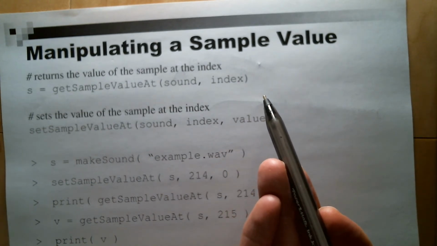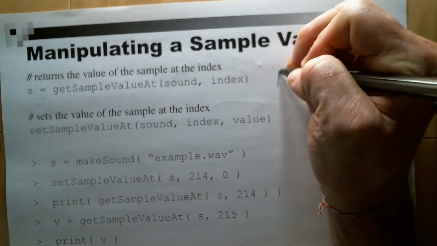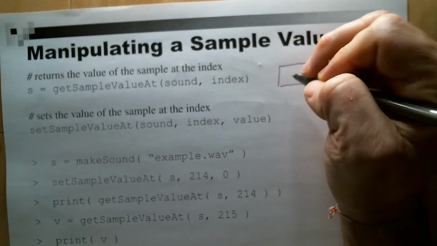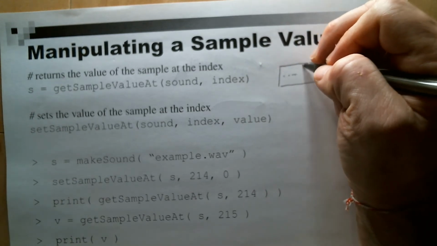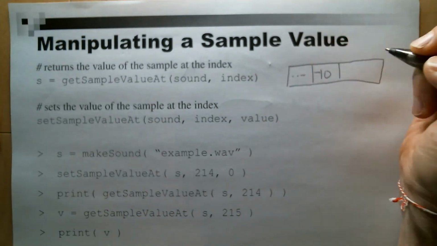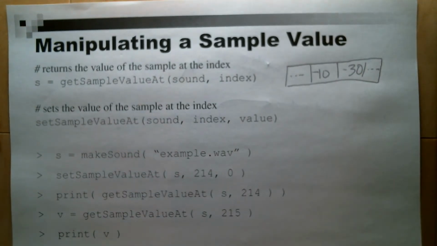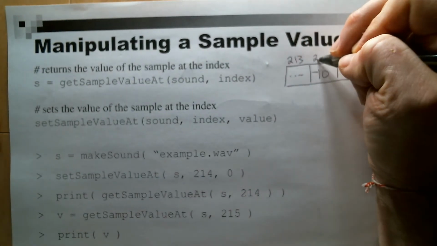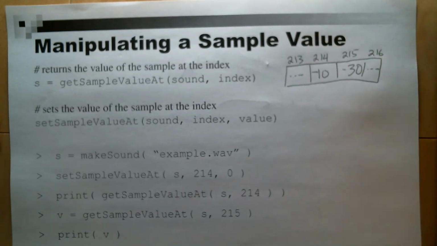So remember, sound is going to be stored in an array of integers. You'll have different indexes and then you'll have different values. Let's just pretend this one is -10, and this one is -30, and then maybe there's more after that. And then up above here, we'll say this is index 213, this is index 214, this is index 215, this is index 216.